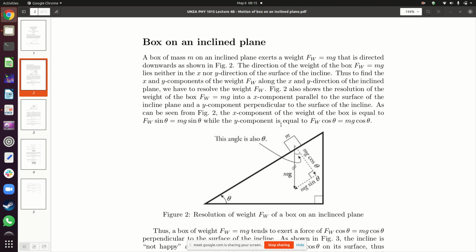In the other case, the same box can also decide to move faster and faster down the incline. So if it's moving faster and faster down the incline, sliding, it means that there is acceleration.